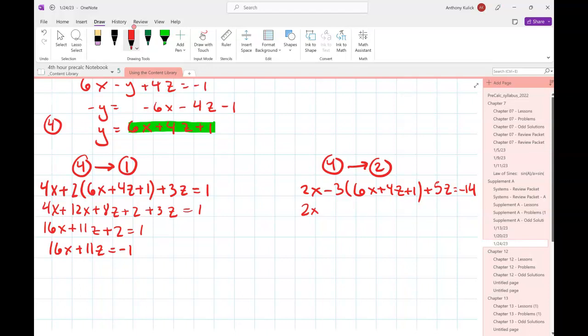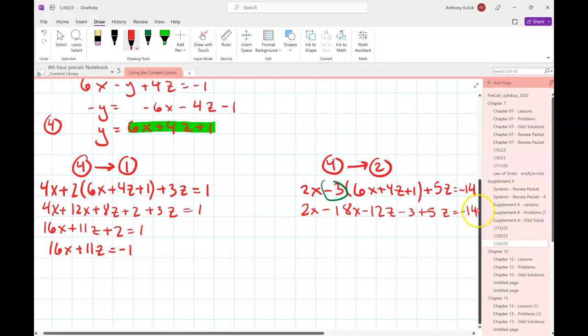So do the same thing over here on this side, but I have to be careful that when I distribute, I'm distributing a -3. But it's the same idea otherwise.